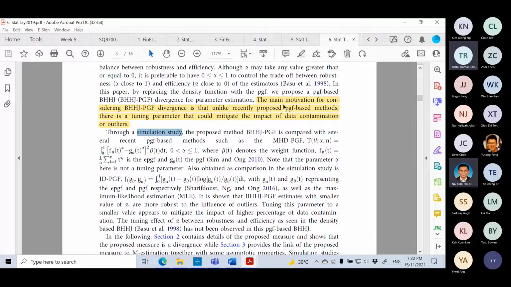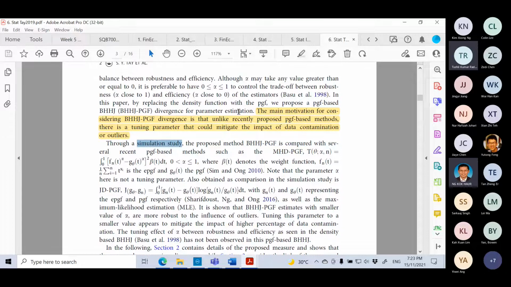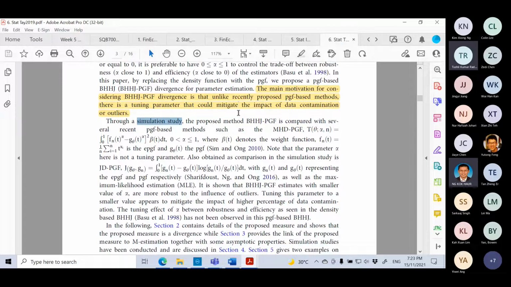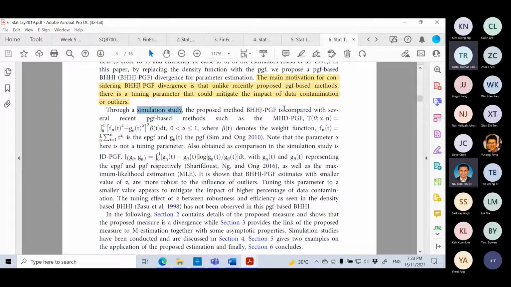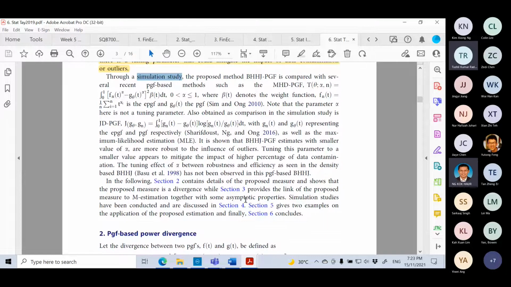The important thing is their work is different from others because they include the tuning parameters, where they can mitigate the impact of data contamination or outliers. Okay, so this one is the selling point of this paper, and it is the new contribution. Then of course, at the end of the paper, they provide some examples.